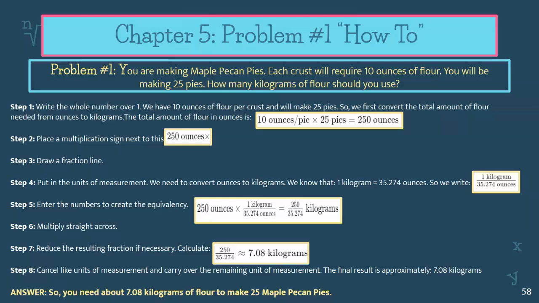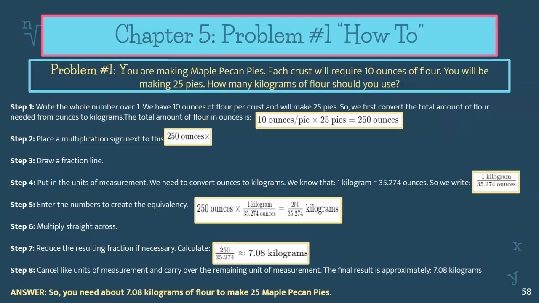Each crust requires 10 ounces of flour, and you need to know how much total flour you'll need for 25 pies. So you're going to take your 10 ounces per pie times 25, and you need a total of 250 ounces of flour.